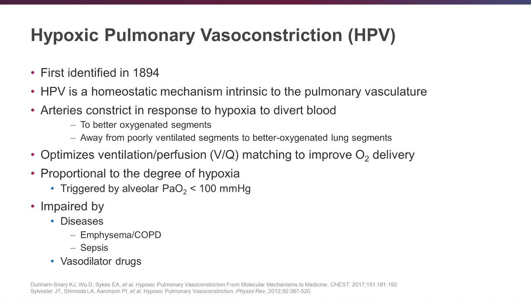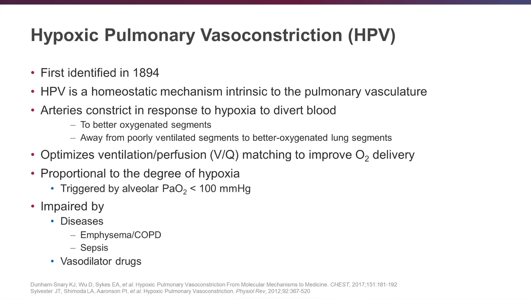Arteries in the lung constrict in response to hypoxia in an effort to divert blood flow to regions that are better oxygenated, better match and optimize ventilation perfusion, and improve oxygen delivery as a result.